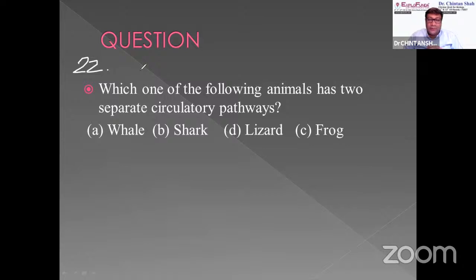Which one of the following animals has two separate circulatory pathways? 22 is an easy one. Okay, he is telling frog.